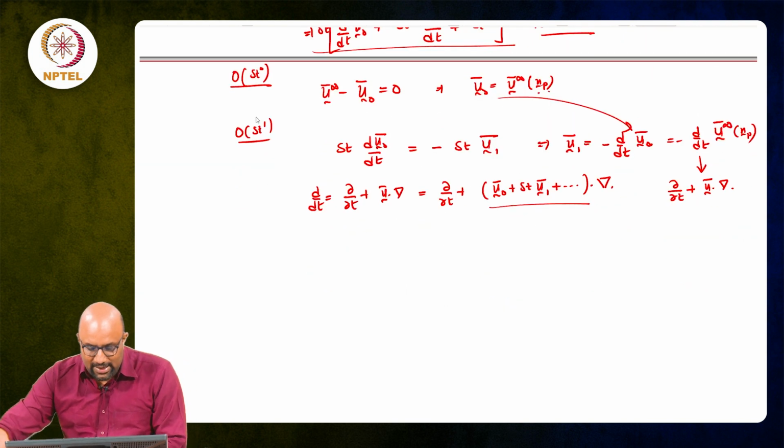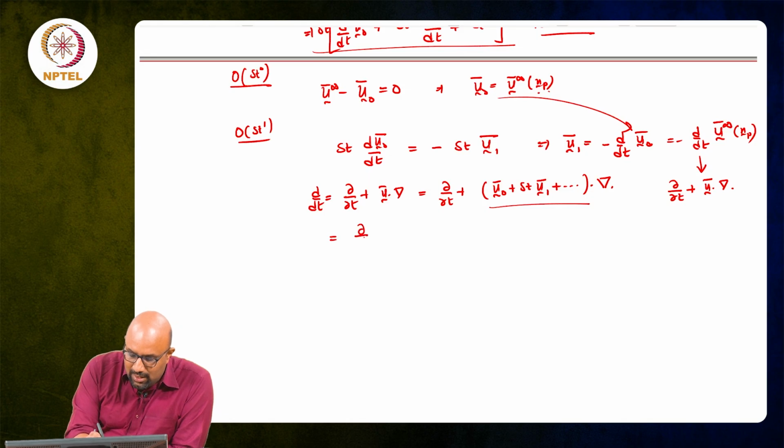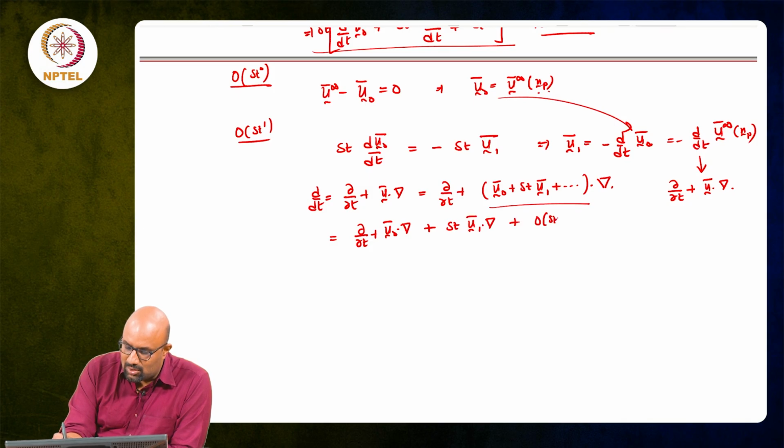So that d/dt is now turning out to be dou/dou t plus u naught dot del plus Stokes u1 dot del, and then there are order Stokes squared terms.